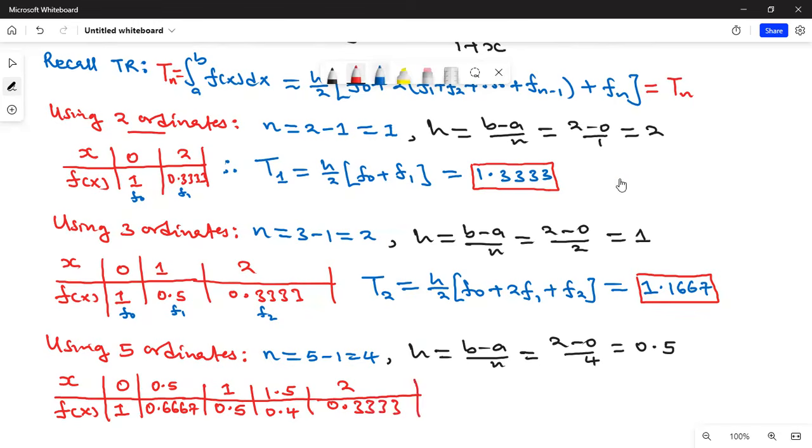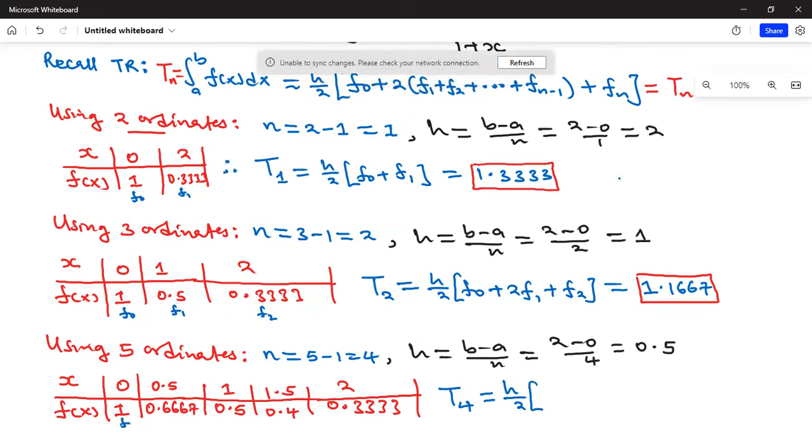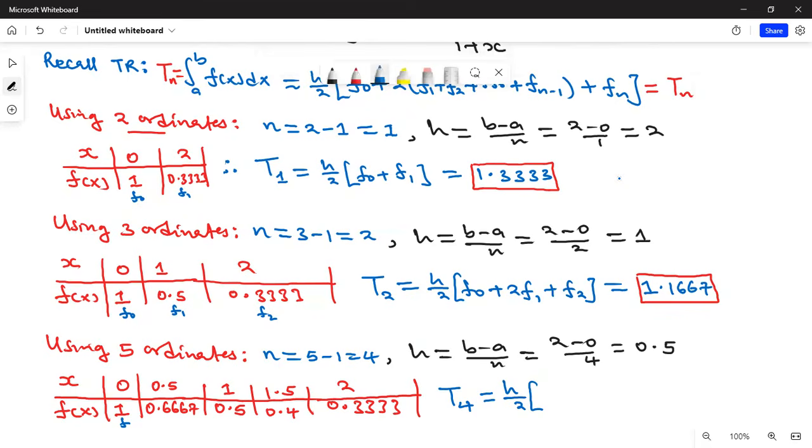So now the approximation for this one is T4 when n is 4. That is h over 2 into, remember now, here we have f naught, f1, f2, f3, f4. So when you use the formula, it is f naught plus twice the sum of the middle ordinates, that's f1 plus f2 plus f3, and the last ordinate is f4.